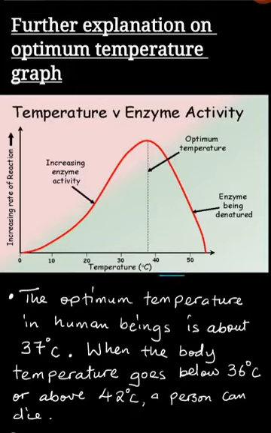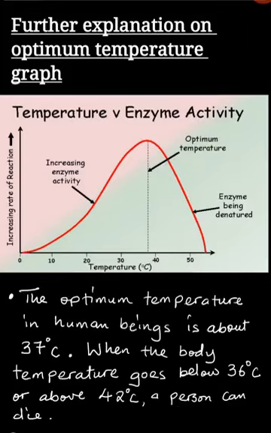So the temperature of the human body must be within the range of 36 degrees Celsius and 42 degrees Celsius. Anything lower than this or anything above this can kill a human being.